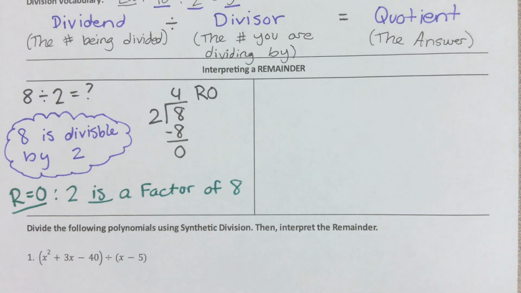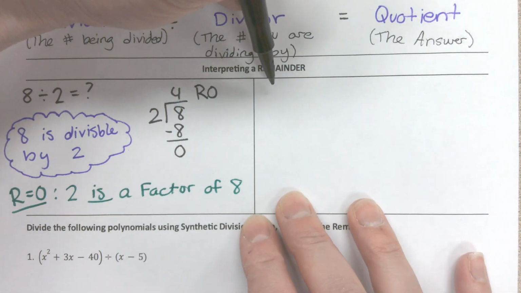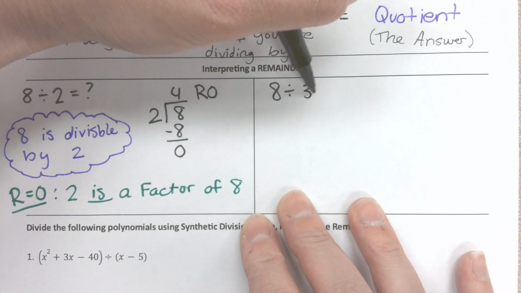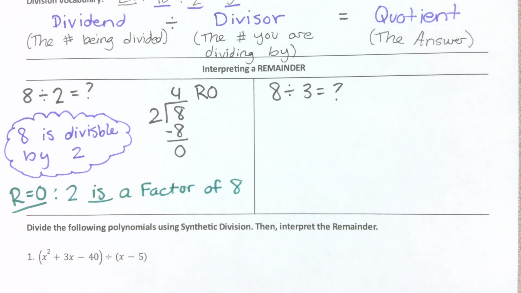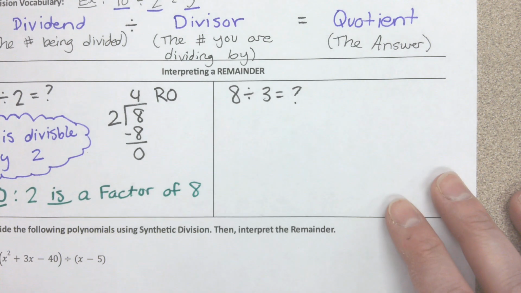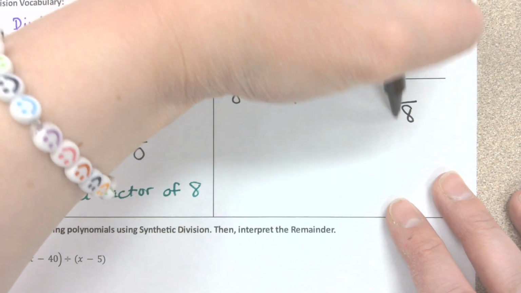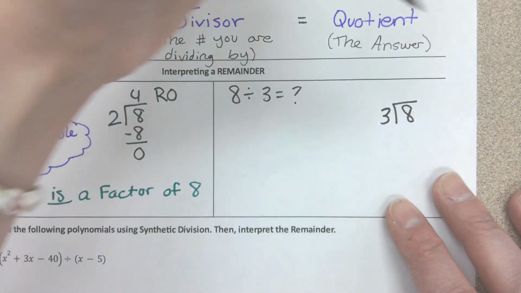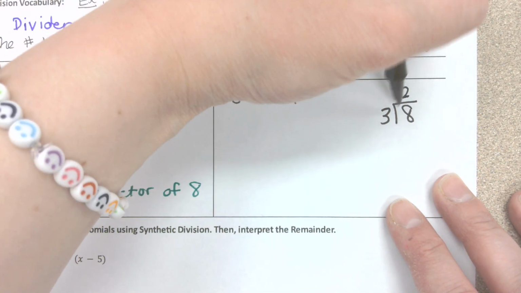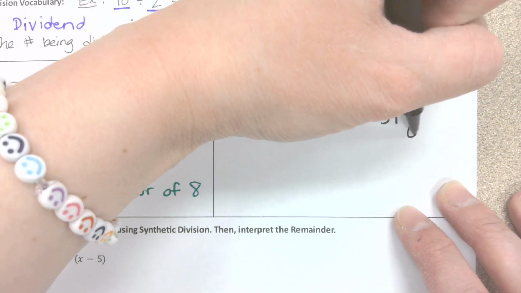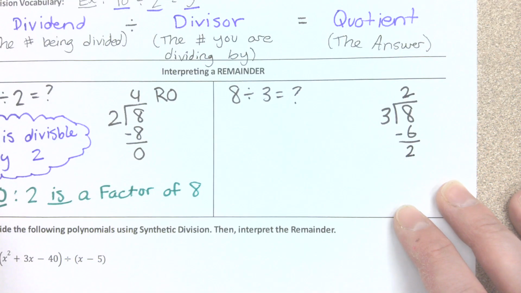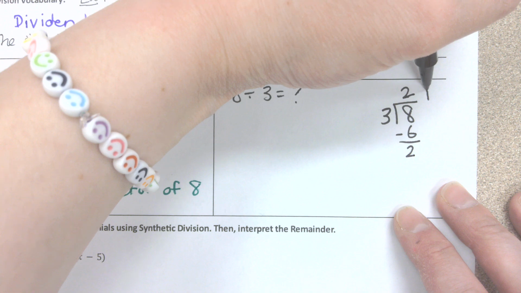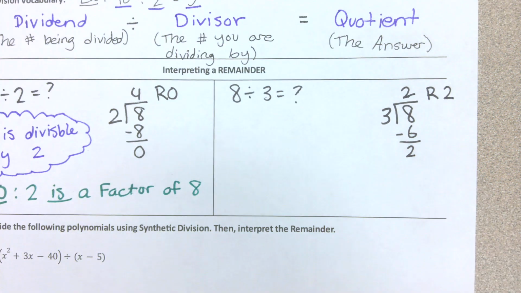Let's juxtapose that with a problem that does not work out as nicely. 8 divided by 3. You already know that's going to be a not nice decimal. If we divide that, we have 8 divided by 3. 3 goes into 8 2 times. 3 times 2 is 6, and when we subtract, we still have 2 left over. So that gives us a remainder of 2.